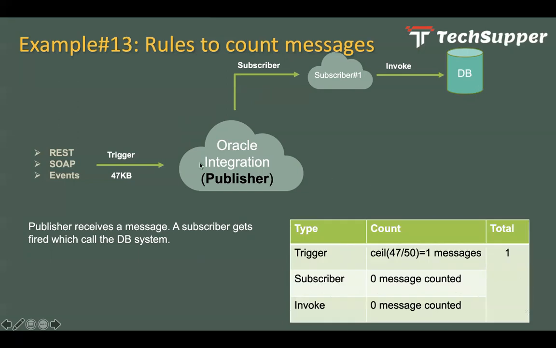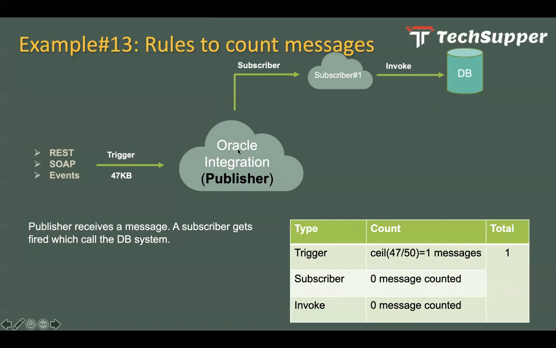So here trigger, same rule will apply, 47 KB. I told you, right? For each trigger, one message will be counted at least, right? 47 divided by 50, one message. 0 message counted for the subscriber, because if you are calling the subscriber, it is like again calling the child integration. It will be called automatically and Oracle will waive off this call.